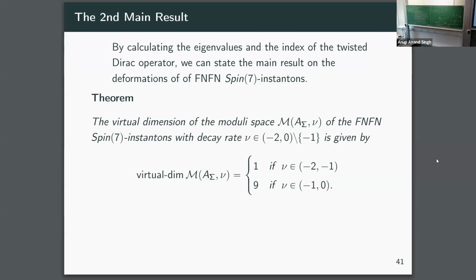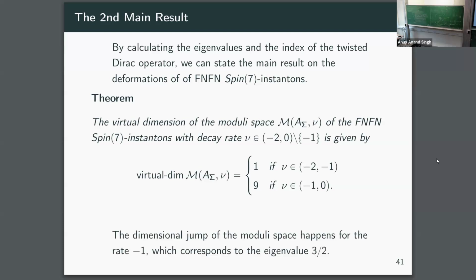Then you add 3/2 and subtract 3/2 and you see which stay in that range, and it turns out there's only one eigenvalue, 3/2, which you can get by -1 plus 3/2, and it will stay in that range. So that's your critical rate.